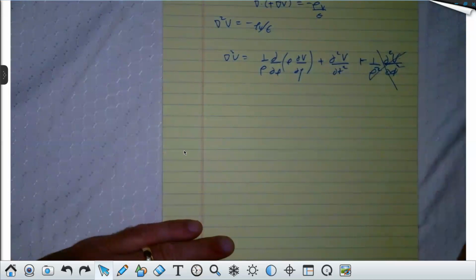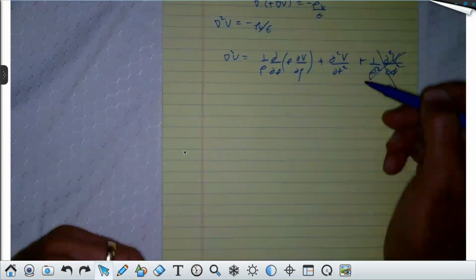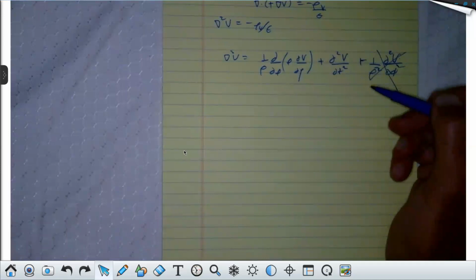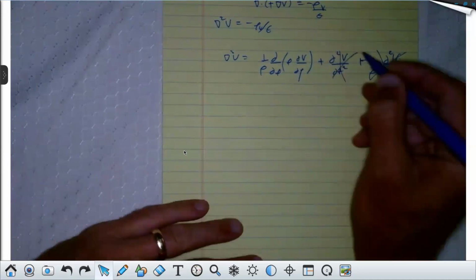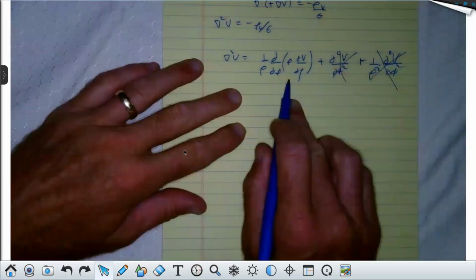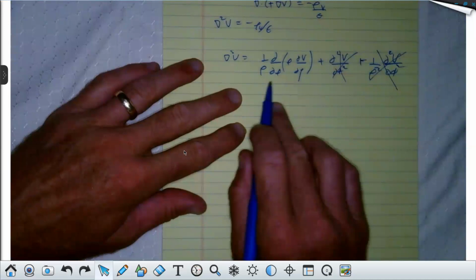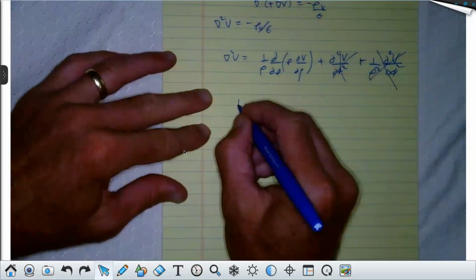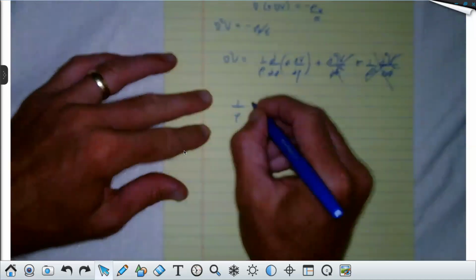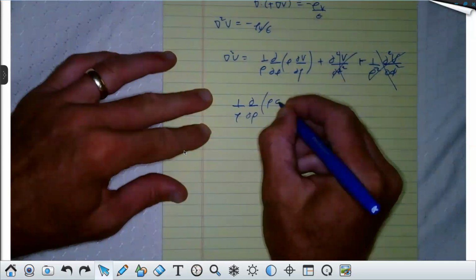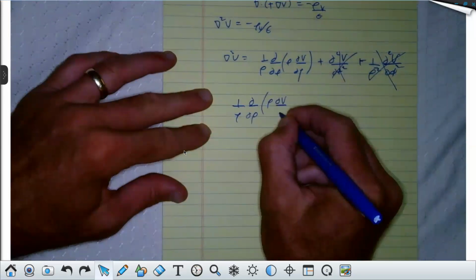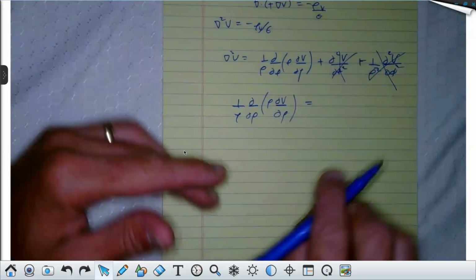Also dV dz, it's supposedly infinitely long, so it will not have a change in voltage with respect to the height, if you will, this value z. So that goes to 0. This is the only thing you worry about. That's the differential equation. So you have 1 over rho, the derivative with respect to rho of rho dV d rho, and that's equal to minus the charge density rho V over epsilon.